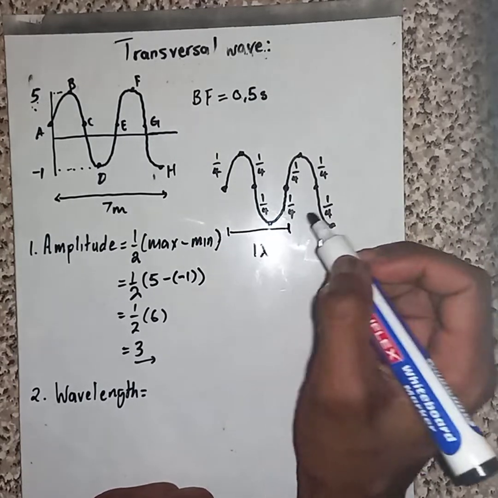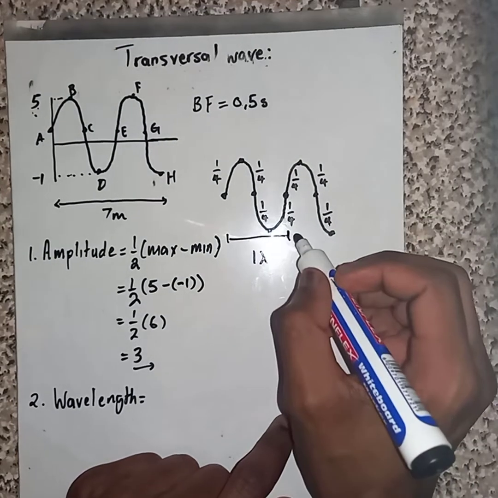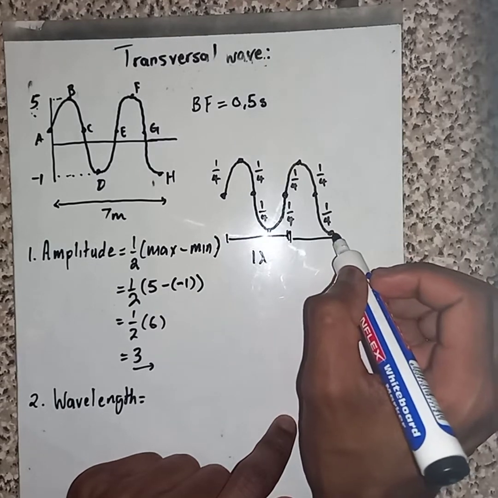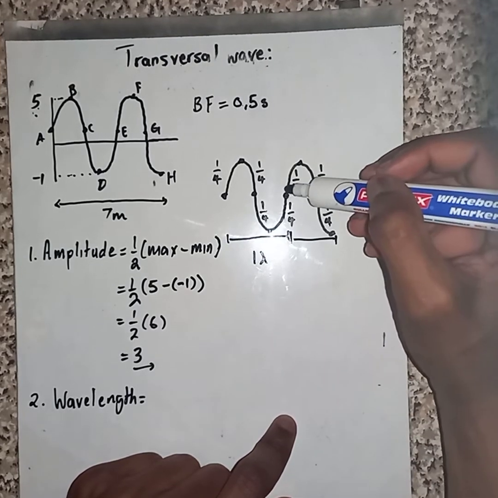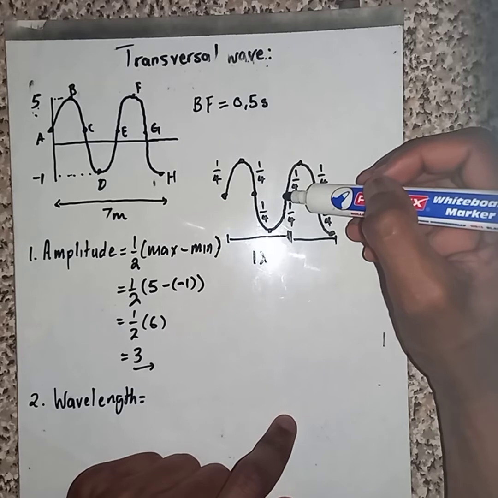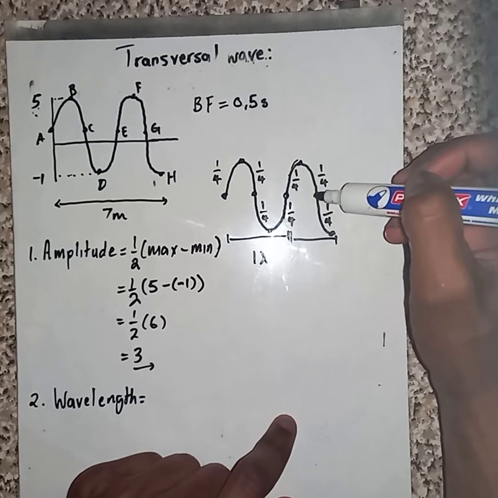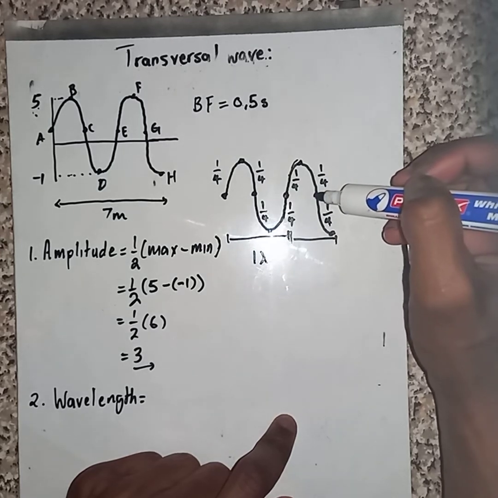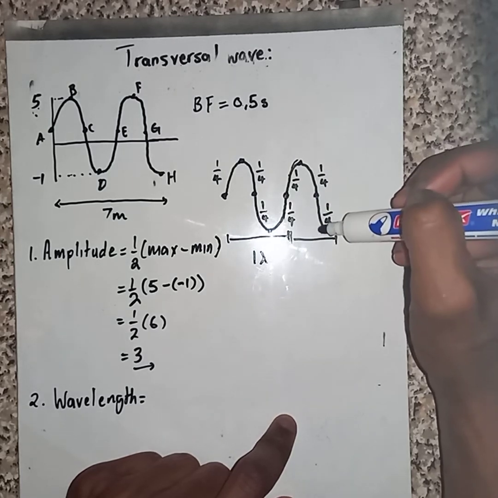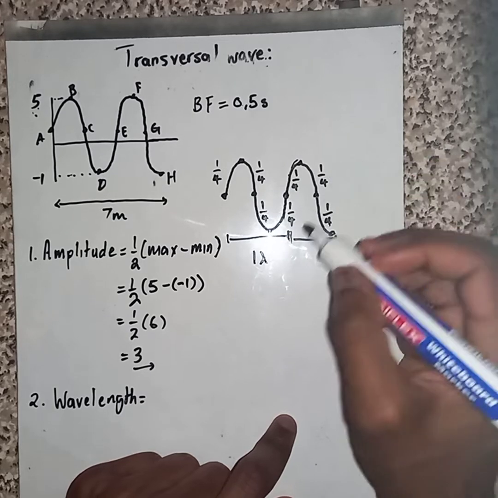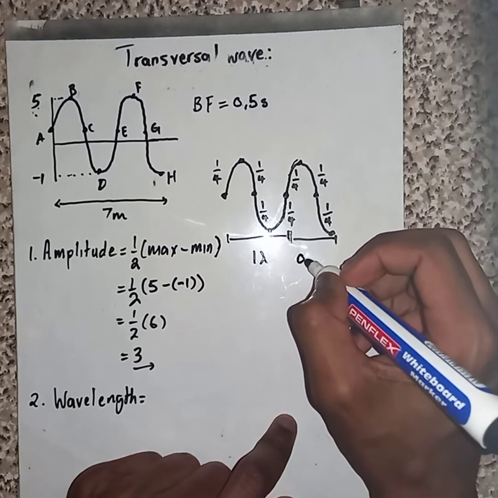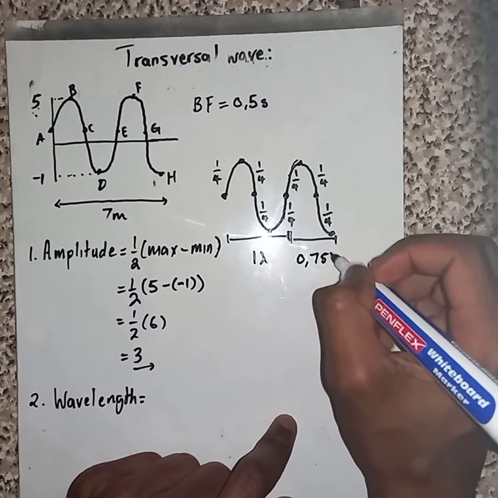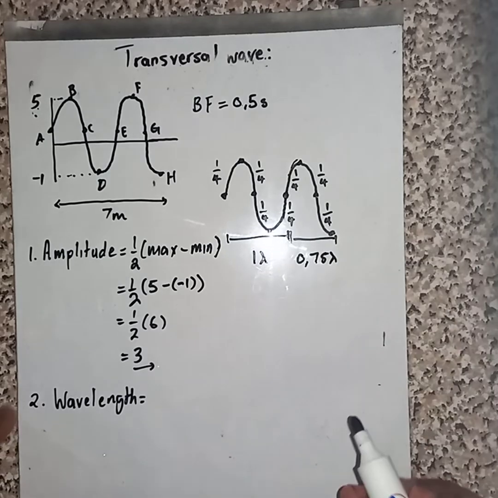Then now, let us consider the remaining portion. From this one, I add this one, I'm going to get a half. Then I take a half, I add a quarter. I'm going to get 0.75 lambda.